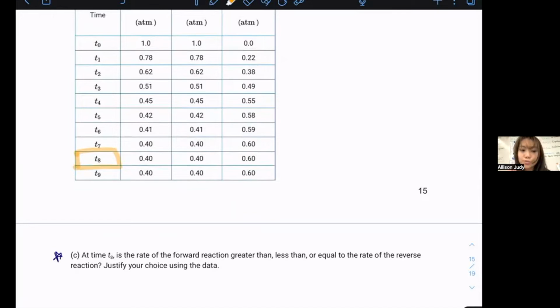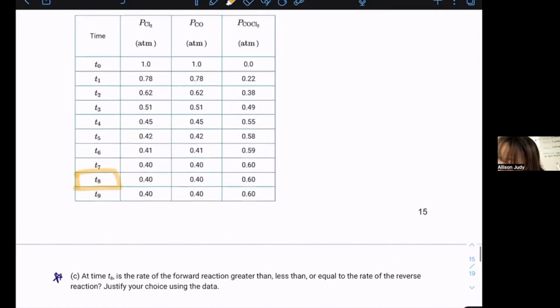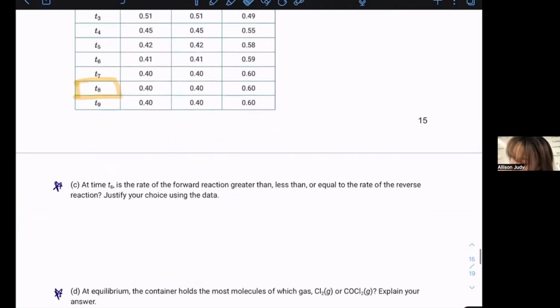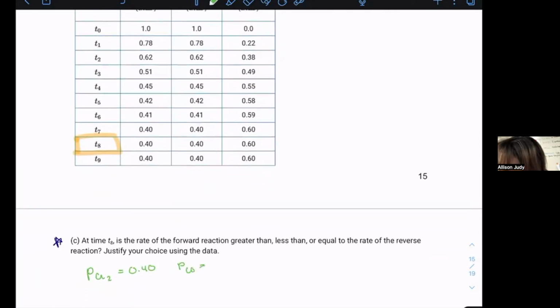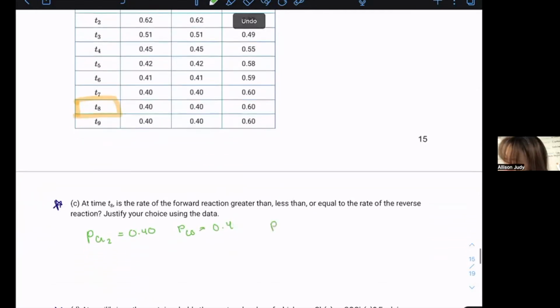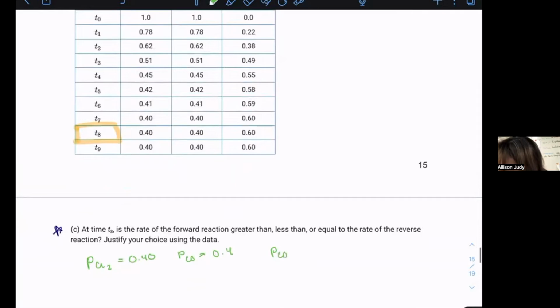So what you need to recognize is that at time T8, the partial pressure of Cl2 is equal to 0.40, the partial pressure of CO is equal to 0.40, all in atmospheric units, and the partial pressure of COCl2 is equal to 0.60.